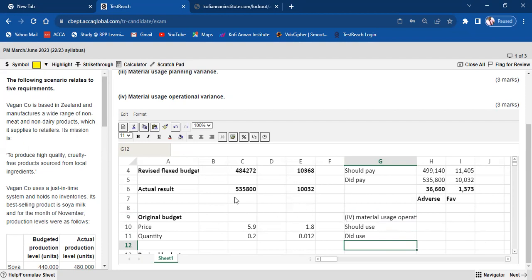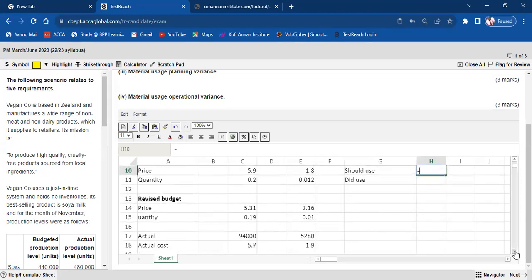So, revised, soy milk, we should have used 0.19 kilograms to produce each one of the 480,000 units produced. But we did use 94K.